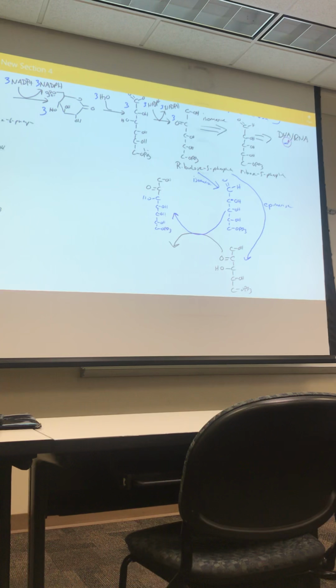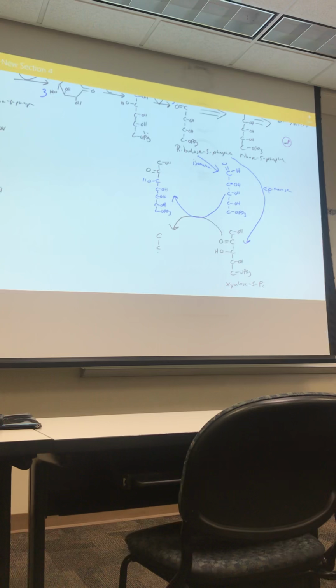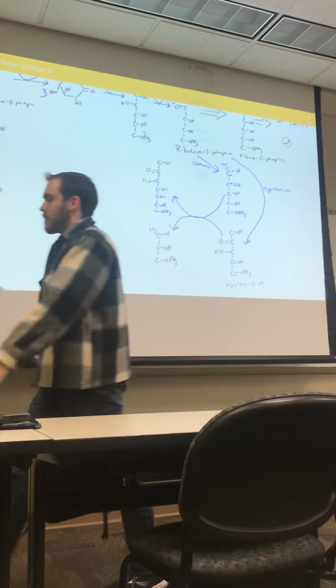And that's the sedoheptulose 7-phosphate. And then what was left over from ribulose goes down here. 2, 3. And we make something that we're all familiar with, glyceraldehyde 3-phosphate. Cool, that can be used in glycolysis, or we can just keep going.